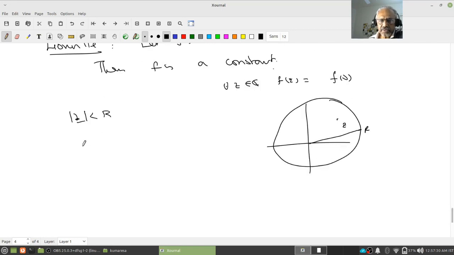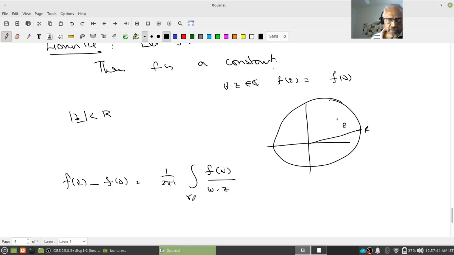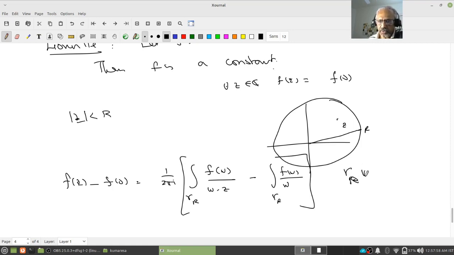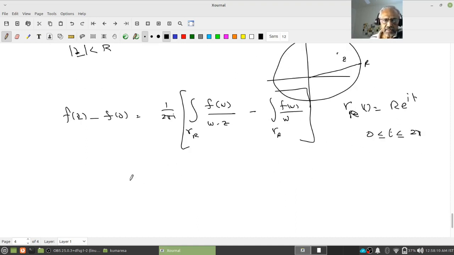Then f of z minus f of 0, using the Cauchy integral formula, is 1 by 2 pi i times the integral over gamma R of f of w by w minus z, minus f of w by w, where gamma R is, as usual, the standard parameterization of the circle of radius capital R centered at the origin.